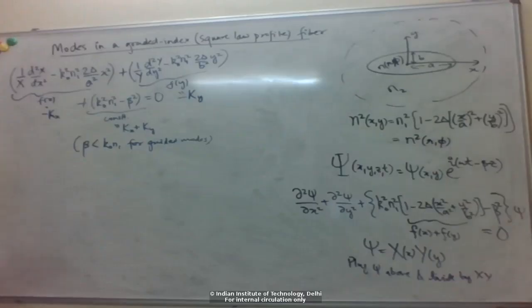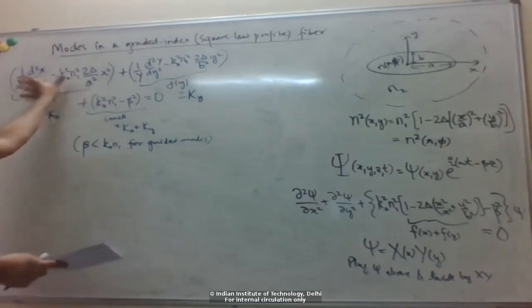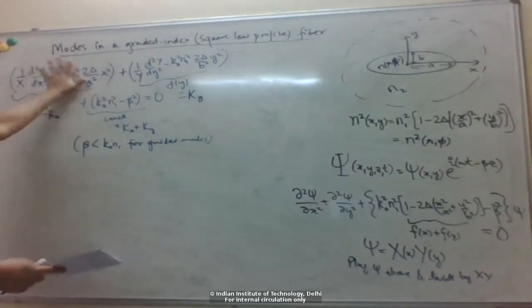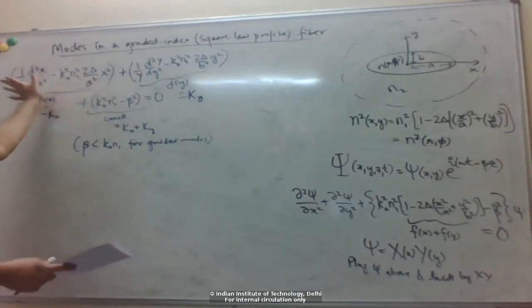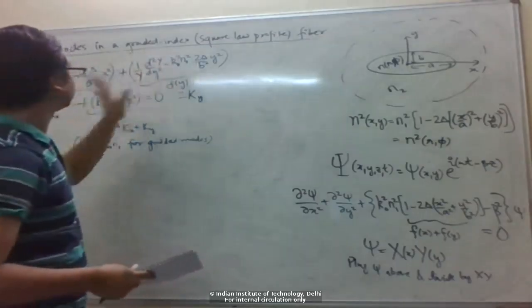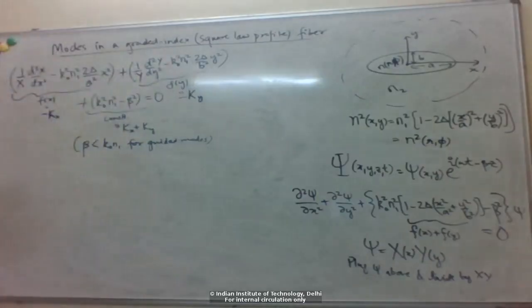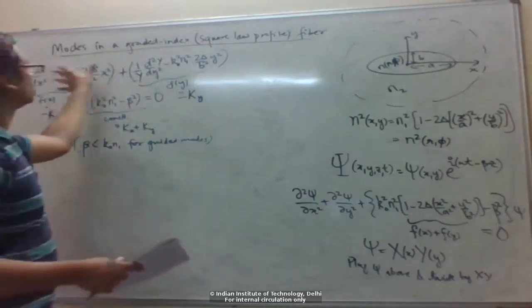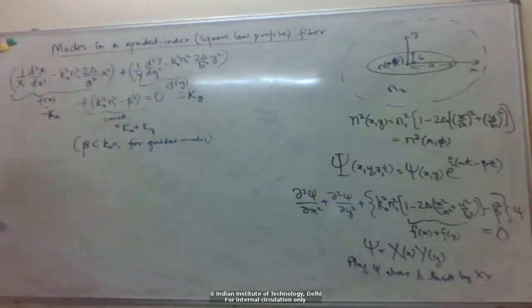And now we do a change of variables. Now this is starting to look like what we had for the slab. In the slab we just had one dimension, so we had one equation. So we just had this part. Now we have another identical copy of that equation in the other dimension. So it's almost like we have two different slab equations together.